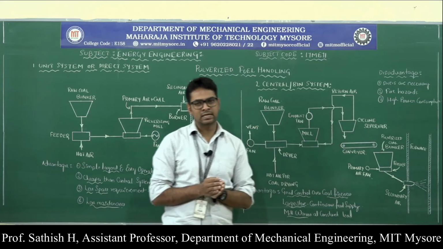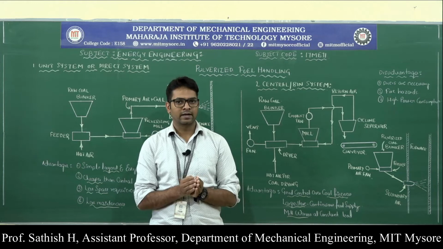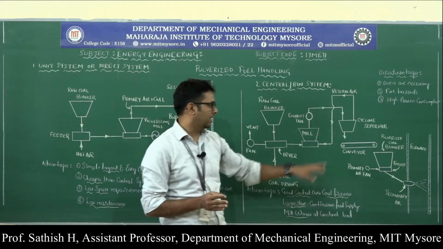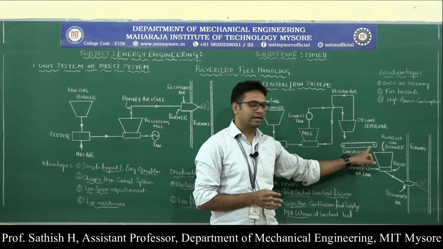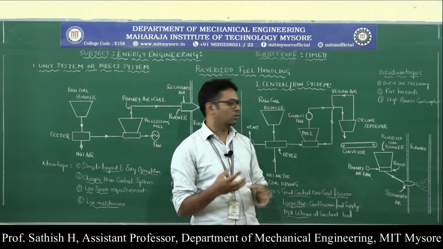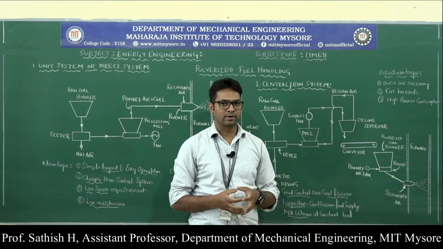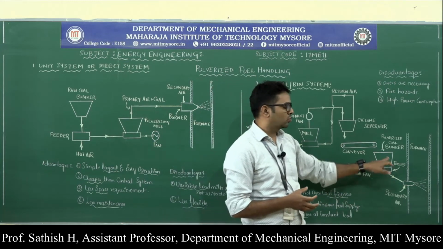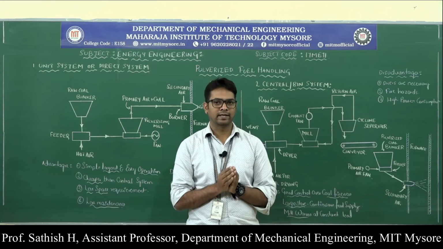It separates the fine coal, the coal in dust or pulverized form, from the air, and only that pulverized coal enters onto the conveyor here. The function of the conveyor is to transport the coal from the cyclone separator to the pulverized coal bunker, where the pulverized coal is stored.